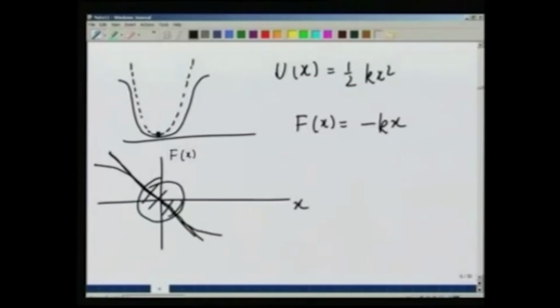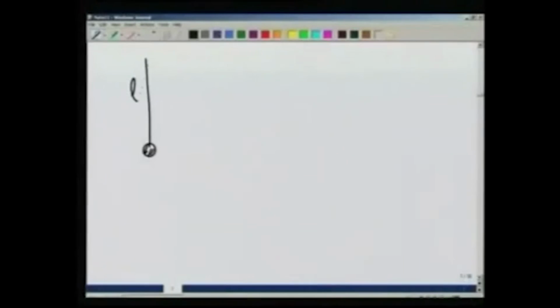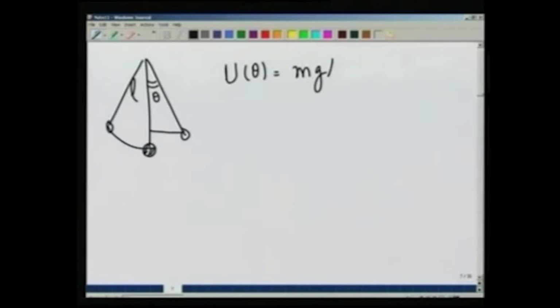As a second example, let us take a pendulum of length L which is swinging about its equilibrium point. You can see when it is swung by an angle theta, the potential energy U as a function of theta is going to be given as mgL times 1 minus cosine of theta, and therefore the potential energy is going to look something like this.